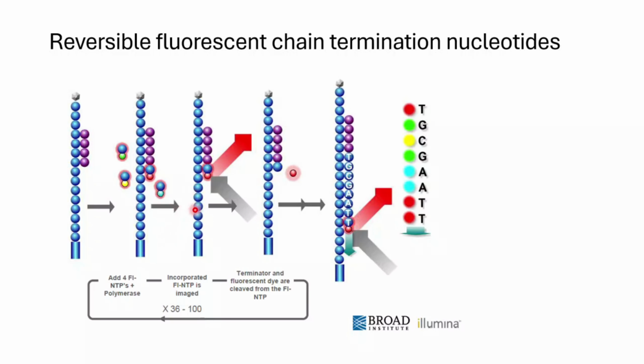So it's not like the chain is stopped and then you see it on the gel, and depending on the size, that means that's the nucleotide that was added. Instead, in this case, you'll add your dNTP that has a fluorophore attached to it and a termination nucleotide.